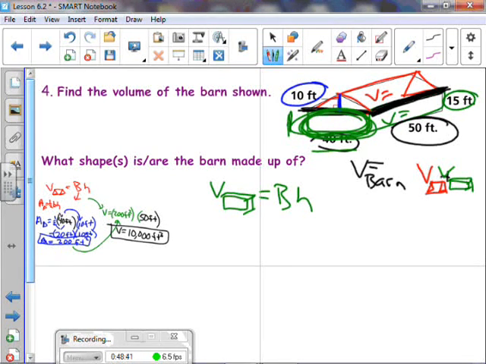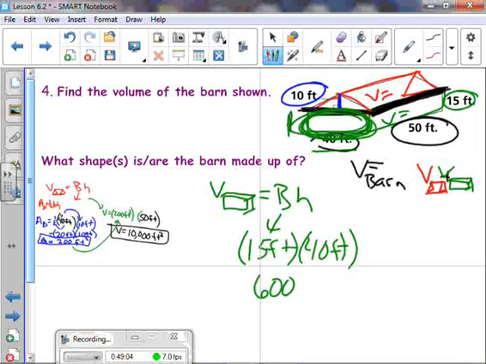Okay, so that's my base, is 15 feet times 40 feet. Okay? And then I'm going to multiply those together. I get 15 times 40 is 600 square feet.